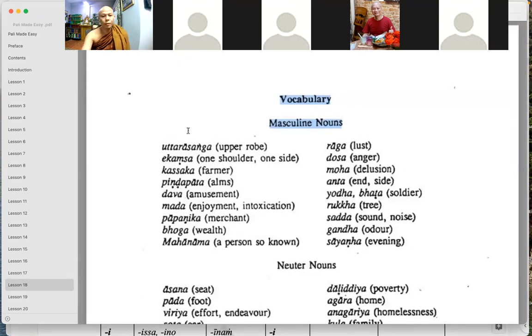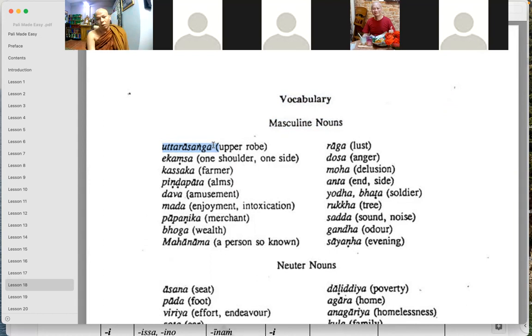Masculine noun. And here, Uttarasanga, so upper robe. For monks or religious persons, we have an upper robe. So one set of robe, the upper robe and the lower robe. And the other one, the double layer robe, in this way. So upper robe is Uttarasanga.